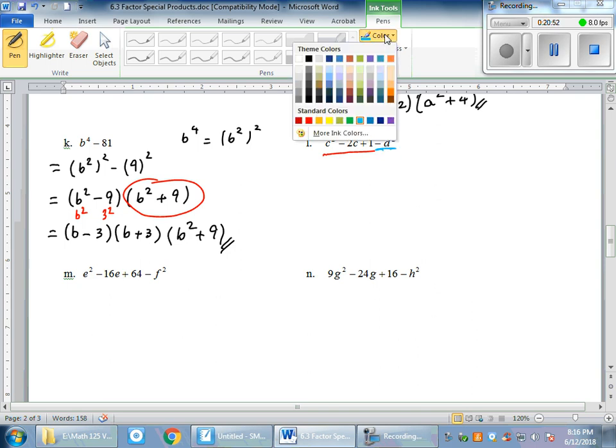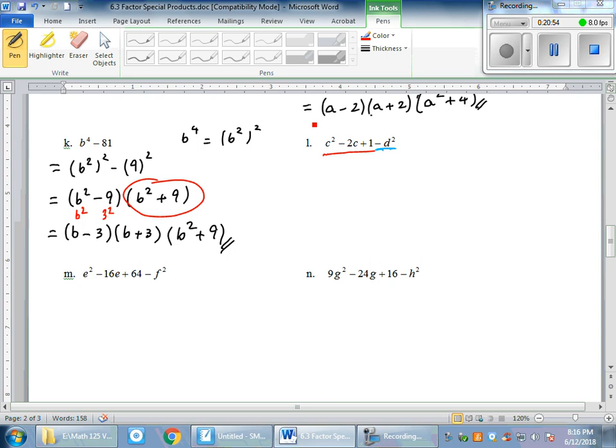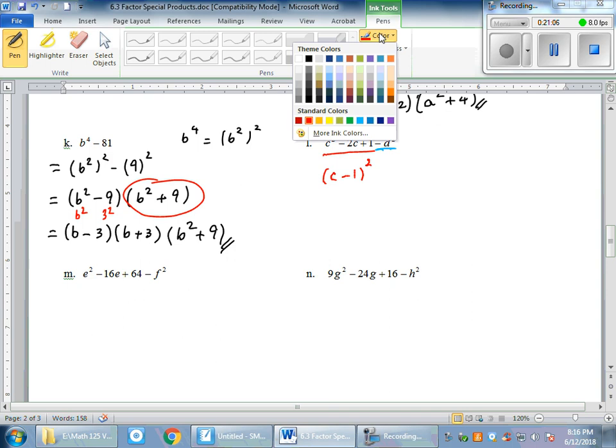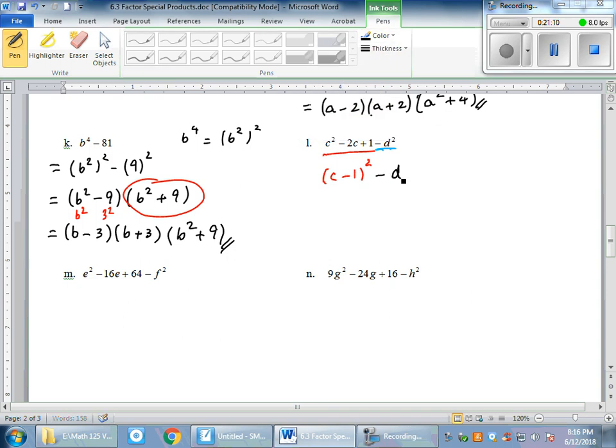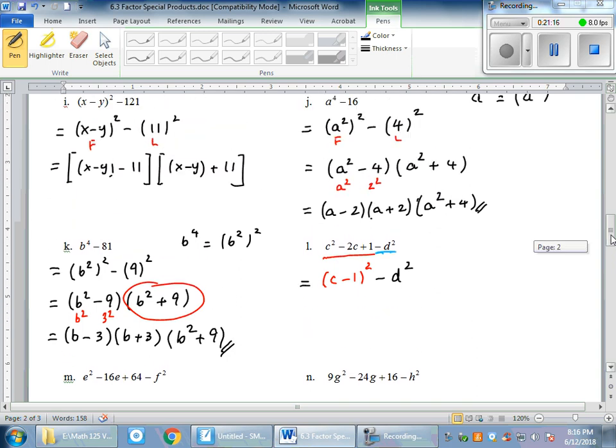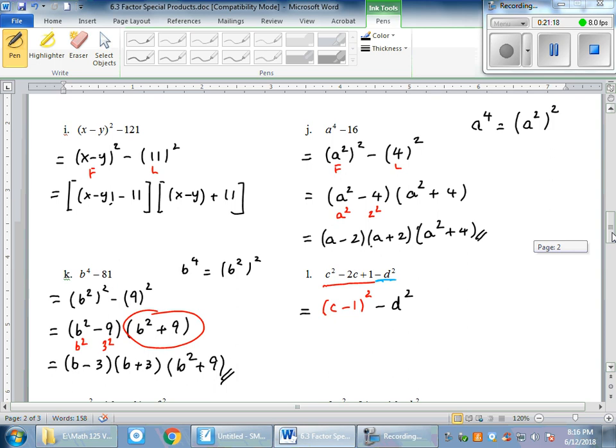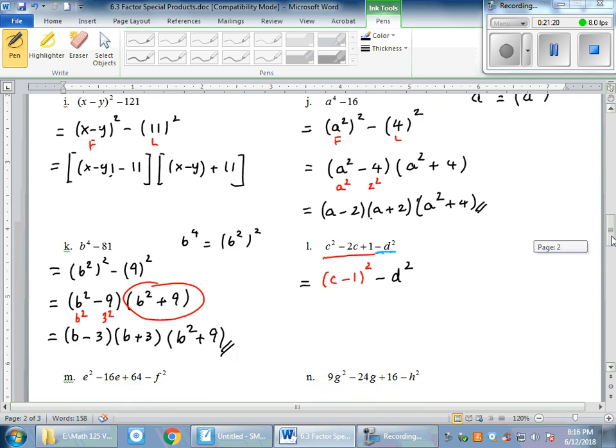So when I group this, take a look at this. My first term will become c minus 1 squared, and then I have minus d squared. This problem is nothing different than the example that we saw before.